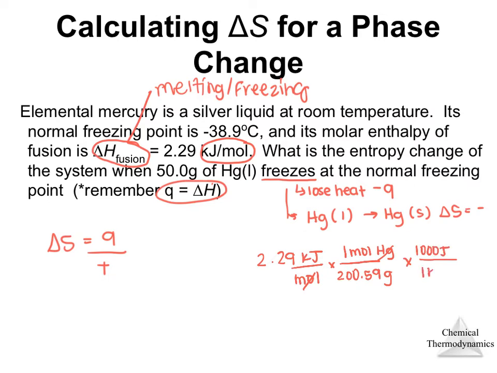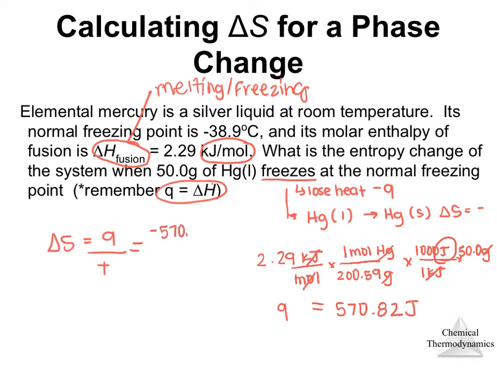So now I'm in joules per gram, and I have 50 grams. So that's going to get rid of that grams piece, and that leaves me with just joules. Okay, so when I calculate that, my Q value is going to be 570.82 joules. Remember we said it has to be negative because I'm freezing.